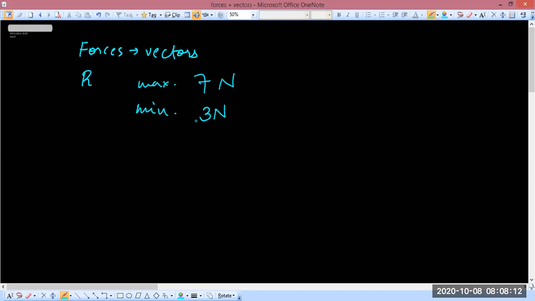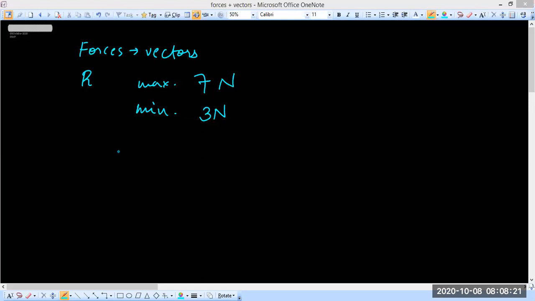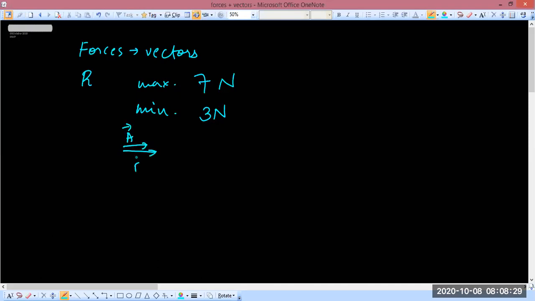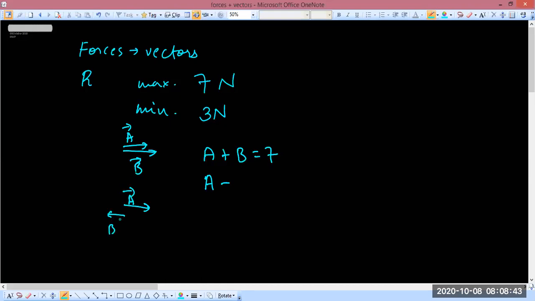In such a case, what we have to consider is that if you add two vectors A and B in the same direction, then A plus B is equal to 7. And if the two vectors are in opposite direction, then when you add them, their magnitude is subtracted.